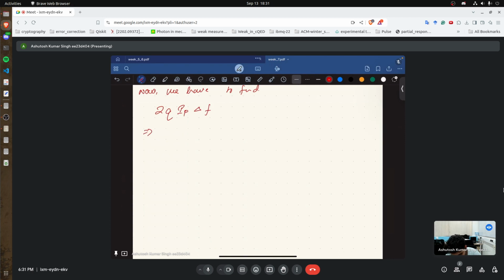Now I don't actually know what IP is, but I know IP is given by my responsivity times, oh, this is just current, so there is no load resistance in this case, responsivity times power of LO.